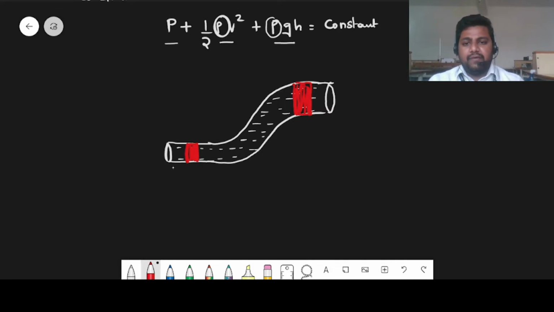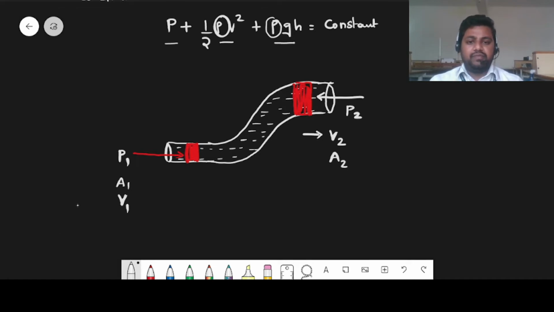From here, writing the parameters, you will have a pressure P1, the area of cross section A1, and the speed that the fluid moves here is V1. In the same way, here the pressure will be applied in the opposite direction, P2. This liquid is moving in this direction with the velocity V2. You have an area of cross section A2 at this point.